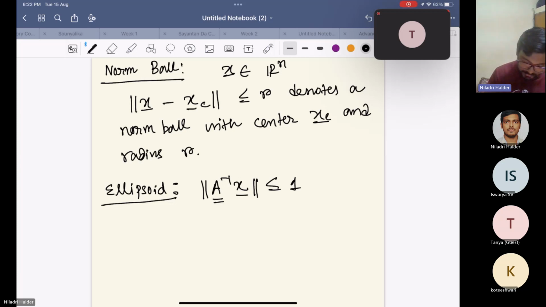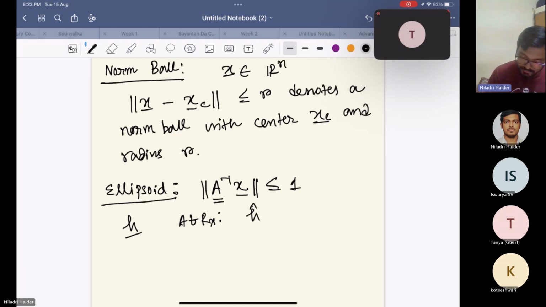Suppose we have a channel h, a vector, in wireless communication. At the receiver, if we need to estimate h, we'll estimate h hat.